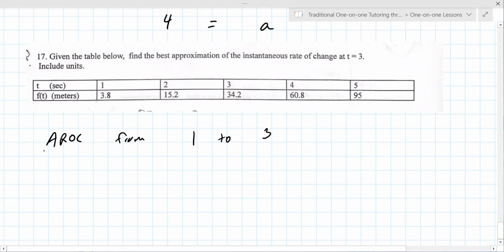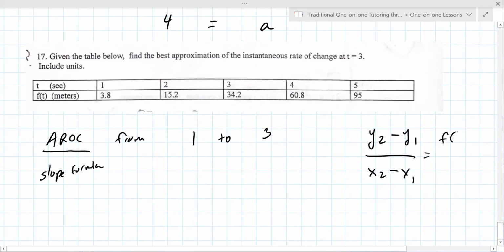An average rate of change is essentially the slope formula. So that's y2 minus y1 over x2 minus x1. They dress it up here and say f of b minus f of a over b minus a. But it's really the slope formula.